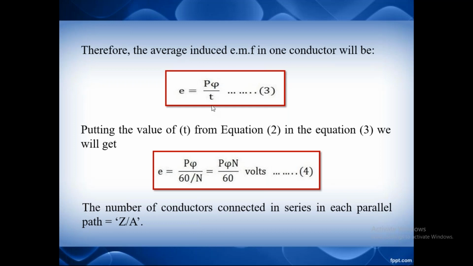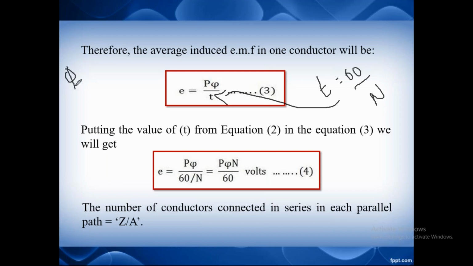Now substitute the T value, T equals 60/N, the time taken for one revolution, in equation 3. Then you will get P phi N divided by 60. So the induced EMF is equal to P phi N by 60 volts.